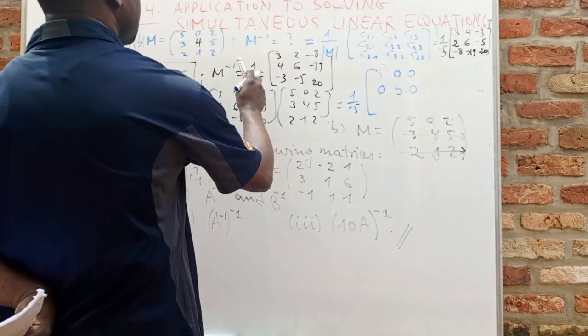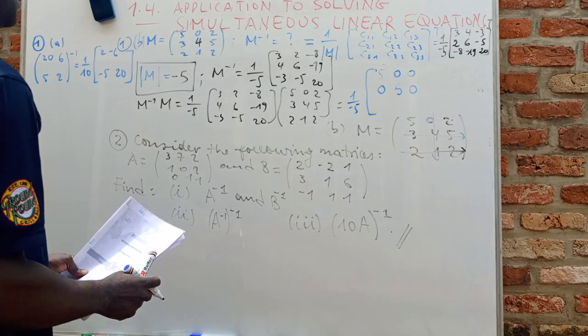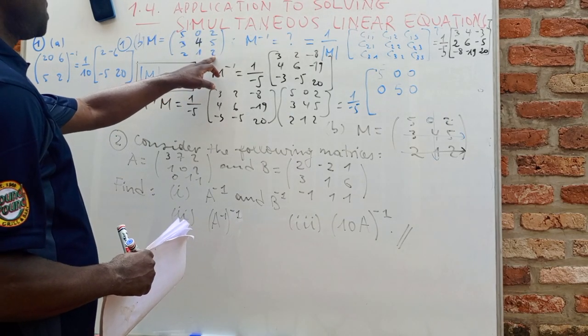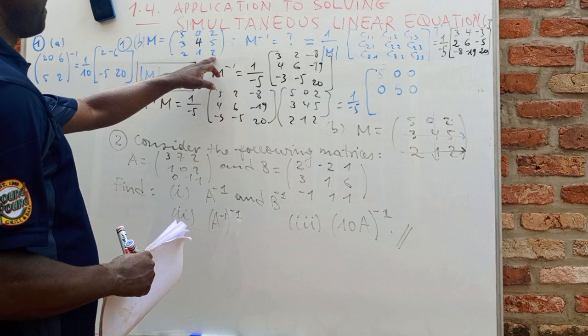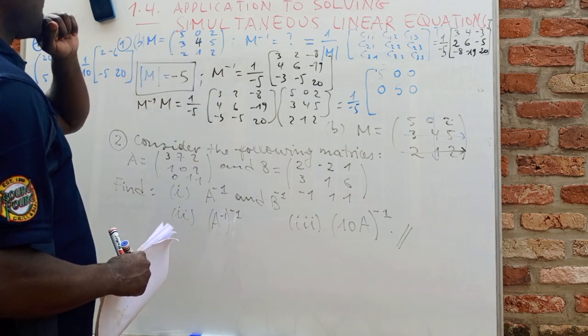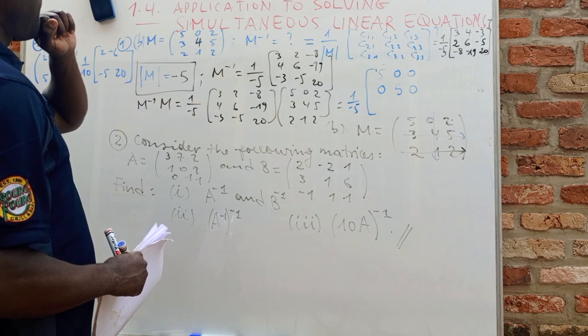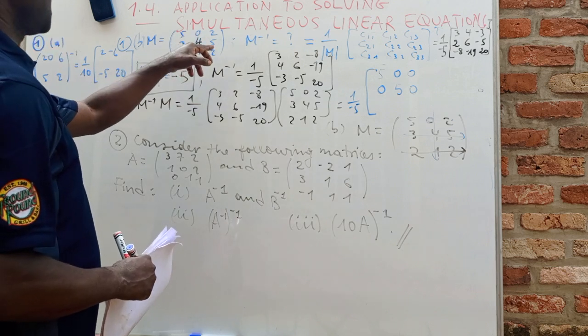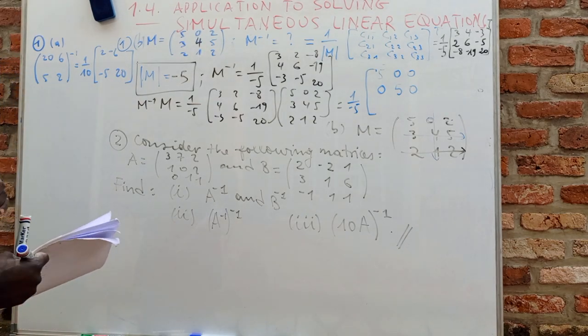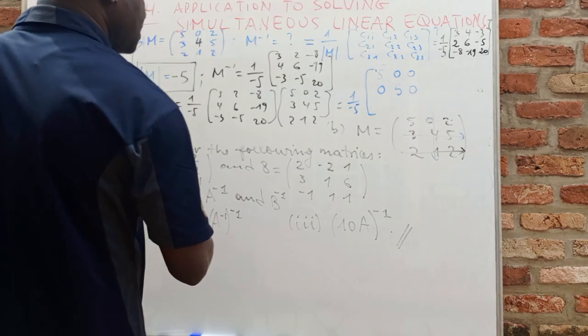Let me check this. Maybe I have some mistake here. So this should be removing this and this. I'm getting 20. It is exactly 20 in this case, so there is no mistake.